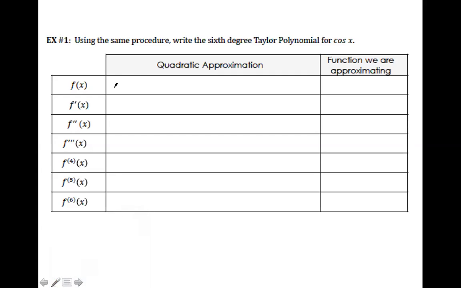So if I have a 6-degree, I'm going to have a plus bx plus cx squared plus dx cubed plus ex to the 4th plus fx to the 5th plus gx to the 6th. All right, the function again that we are approximating is y equals cosine x.